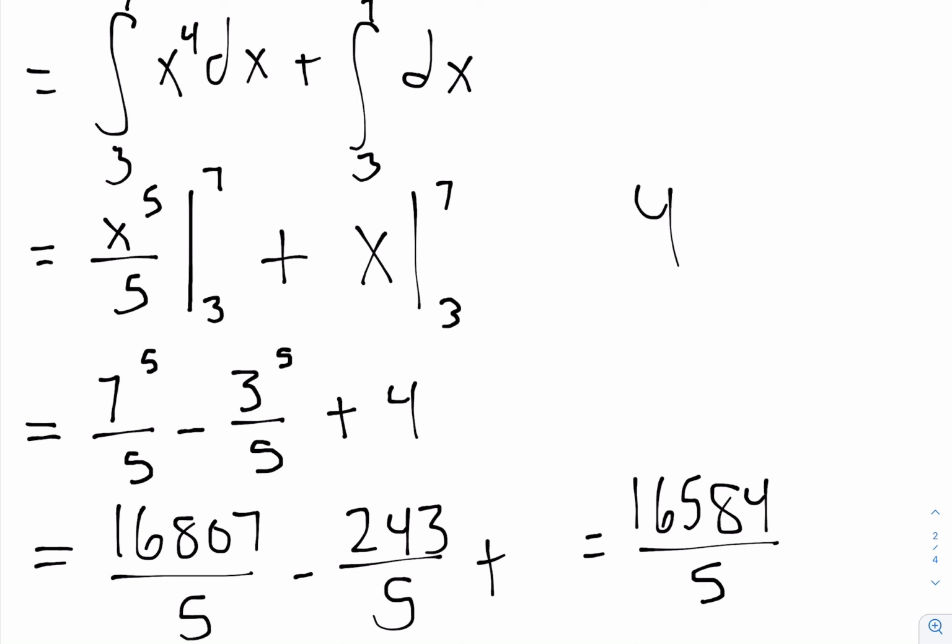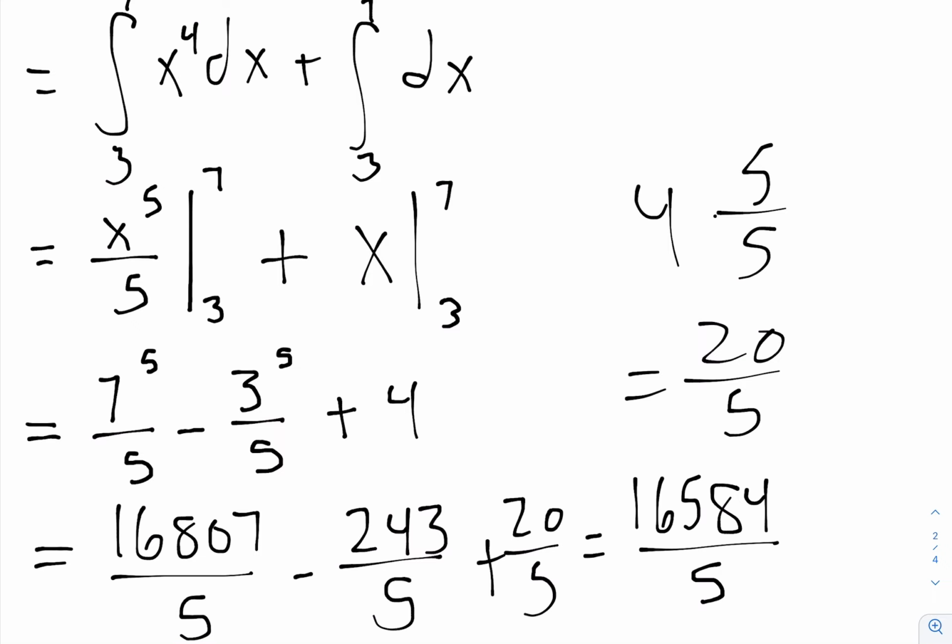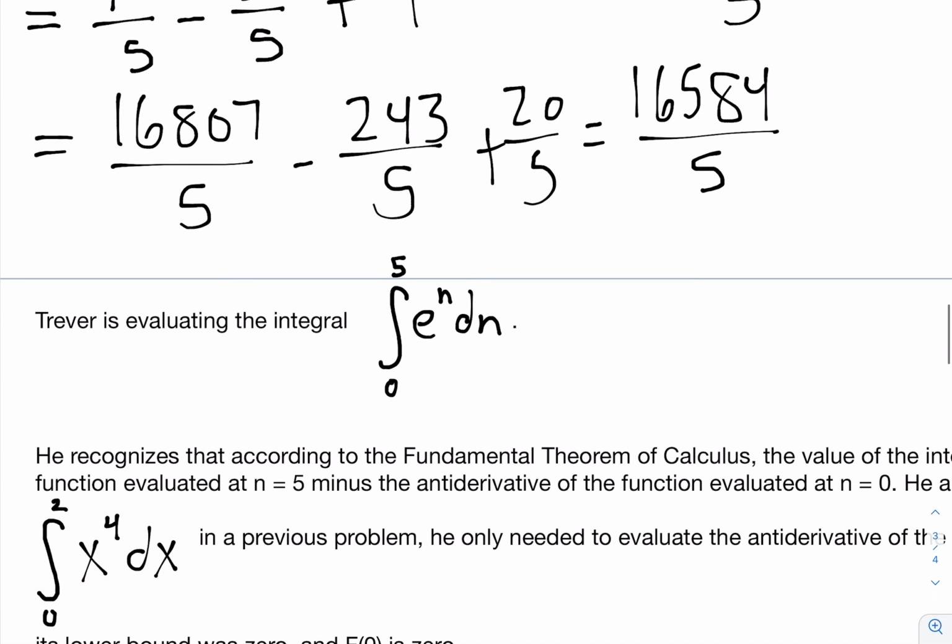If we want the common denominator to be 5, we'd multiply 4 by 5 over 5, so this would be 20 over 5. So if we took 16,807, subtracted 243, we'd get 16,564, and the number we're adding is 20 over 5. So 16,584 over 5.